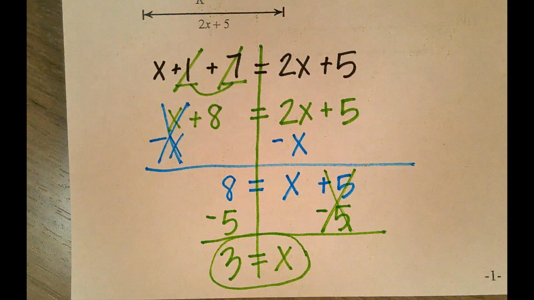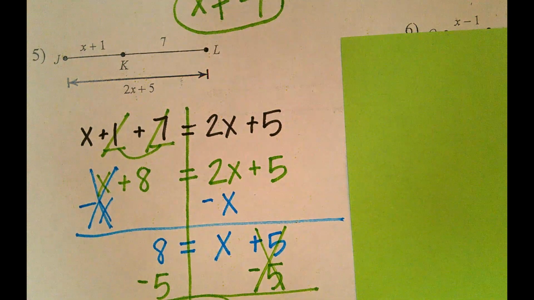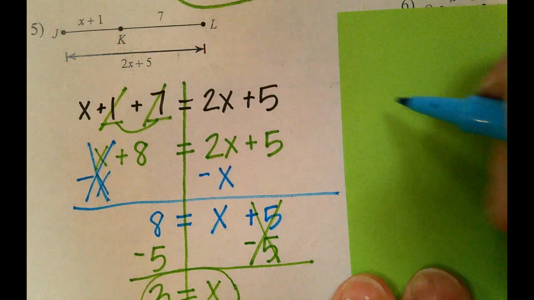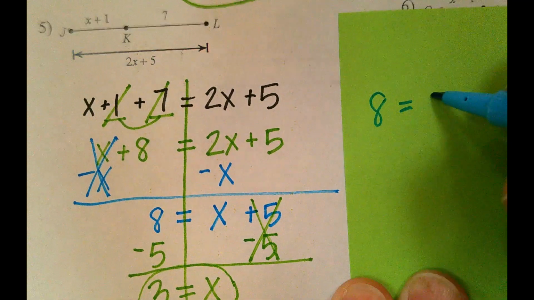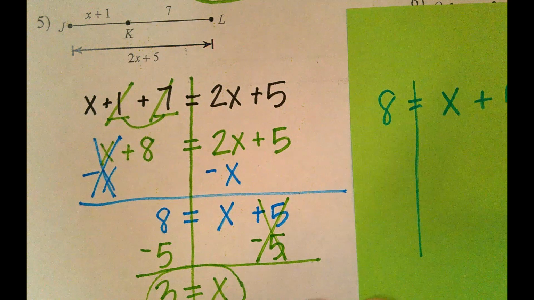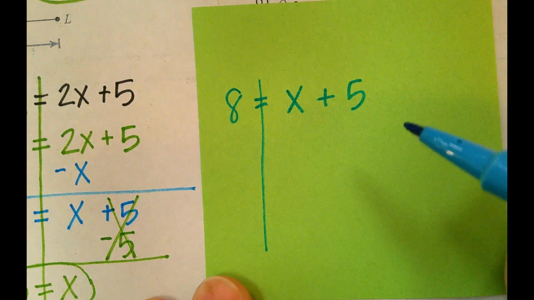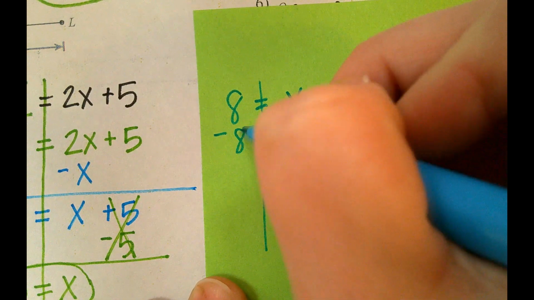Now, does anybody have a question? Yes, go ahead. I moved 8. You moved 8. Did you still get 3? Minus 3. Okay, so let's talk about that. If I have 8 equals my x plus 5, and I get rid of the 8, so did you do minus 8?